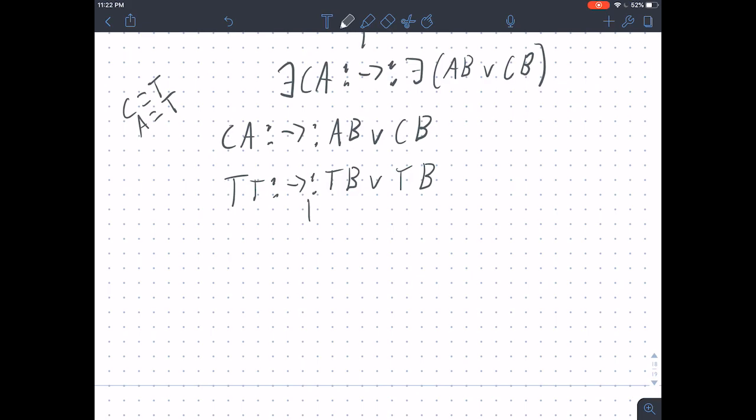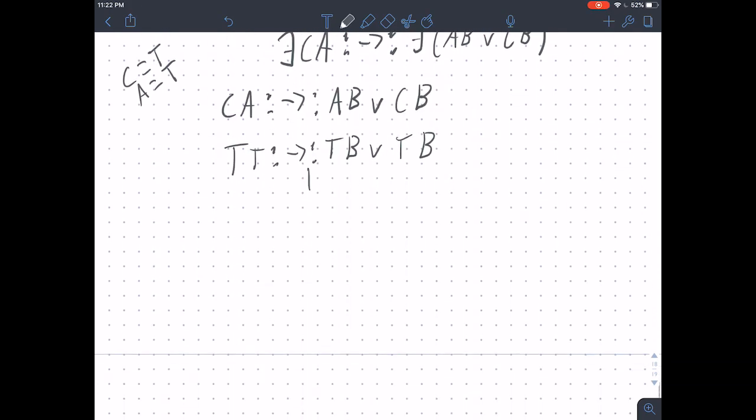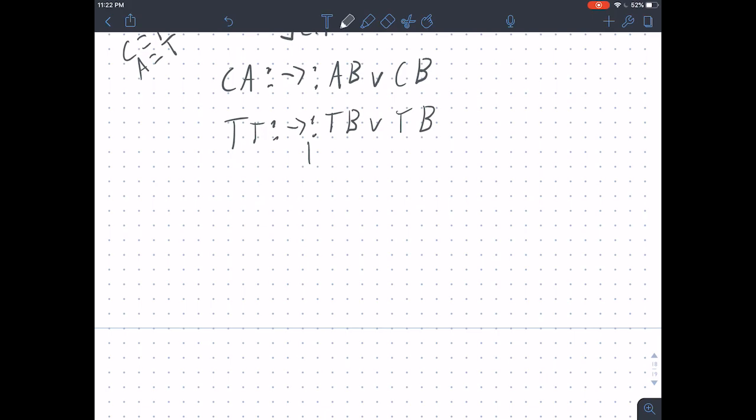Okay, so this is supposed to be valid in the book, but I forgot that there was a negation sign over one of the B's. Oops. Or wait, did I? Yeah, no, I just didn't write it in even in the beginning. Okay, anyway, we're going to see that this is not valid even though it was supposed to be.